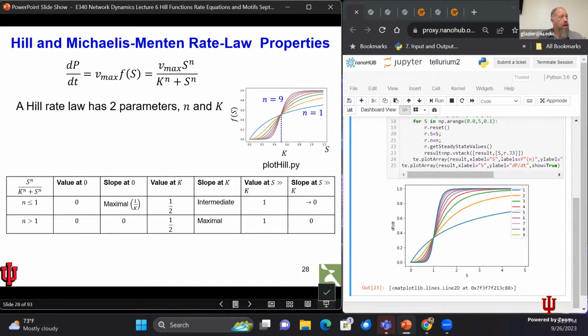The Hill function has 2 parameters. It has the value of K, the concentration at which the rate is half of its maximal value. And it has the exponent n, which defines the slope in the middle.